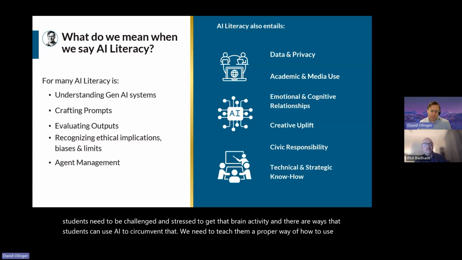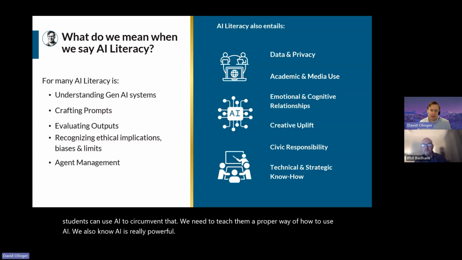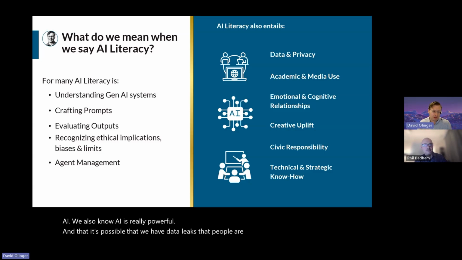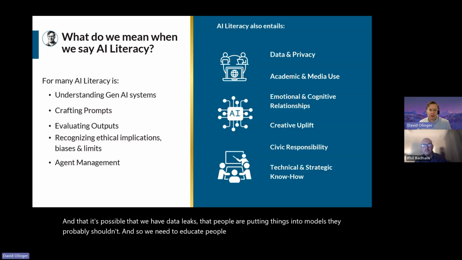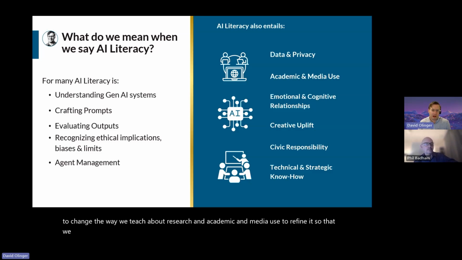We also know AI is really powerful and that it's possible that we have data leaks, that people are putting things into models they probably shouldn't. And so we need to educate people on data and privacy. We need to start to change the way we teach about research and academic and media use to refine it so that we can still acknowledge the authors and the areas where we get information from and that we can check for veracity when appropriate.